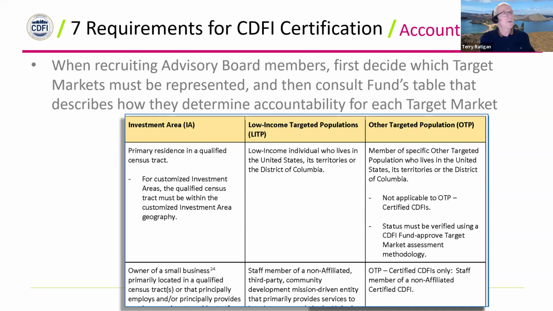So if those are your 2 target markets, then your recruitment of advisory board members should focus on people that, by the CDFI Fund's standards, can be classified as representative of that target market. If your target market is based on other targeted populations, obviously you would do the same for OTP as well.